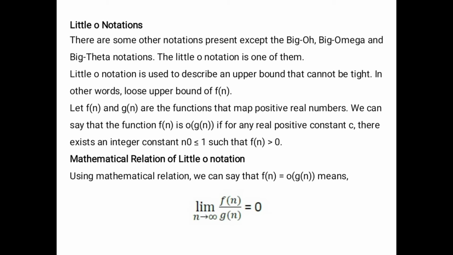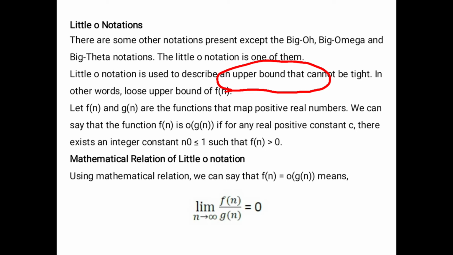There are some notations besides big O, big omega and big theta, and that is little o notation. Little o notation is used to describe an upper bound that cannot be tight, in other words a loose upper bound of f of n. That means a weaker upper bound of an algorithm.